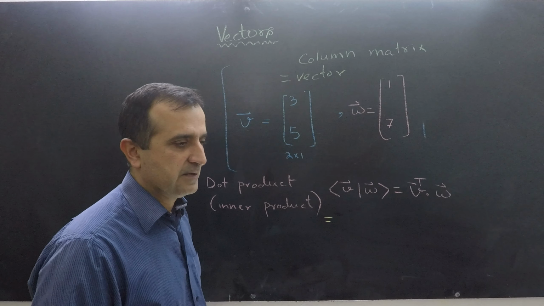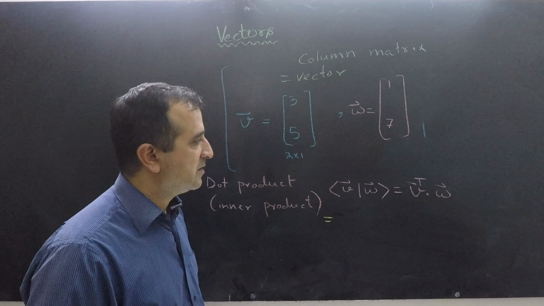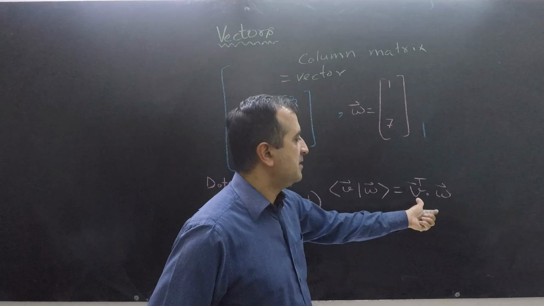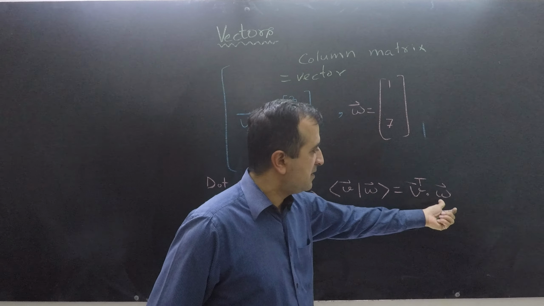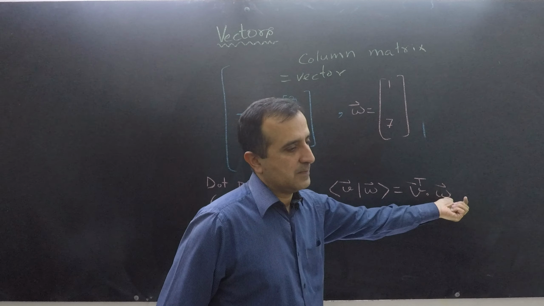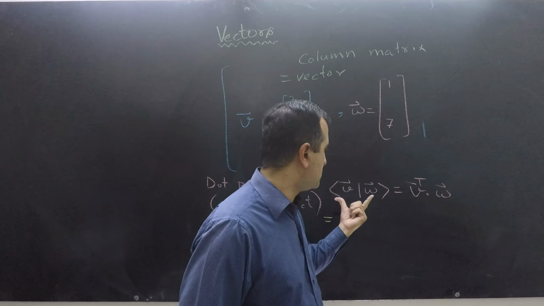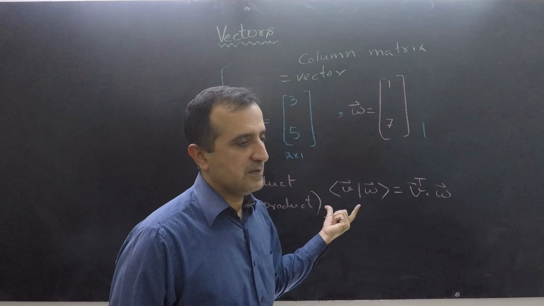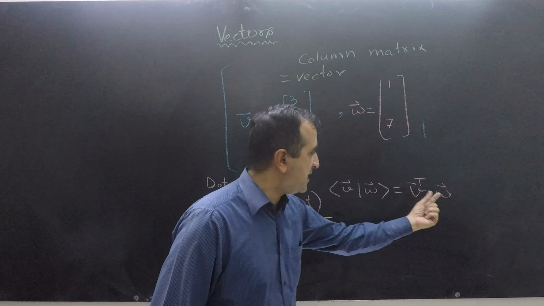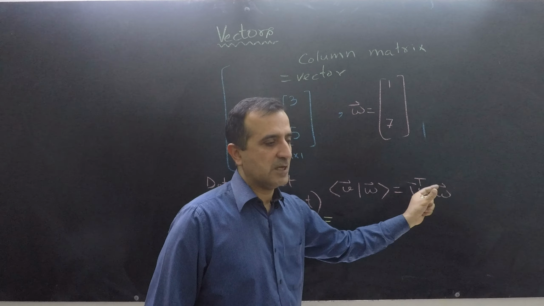Can we find the transpose of W instead? No, the formula says the transpose of the first vector times the second vector. Will it change anything? The dot product is not always commutative, meaning we can't switch their order.